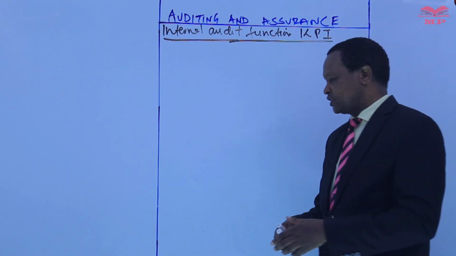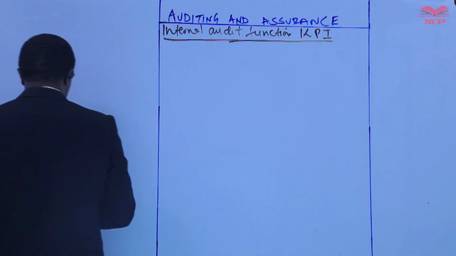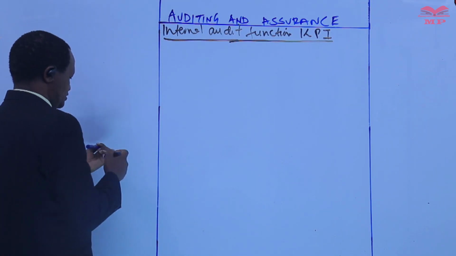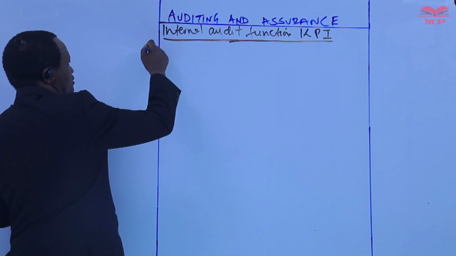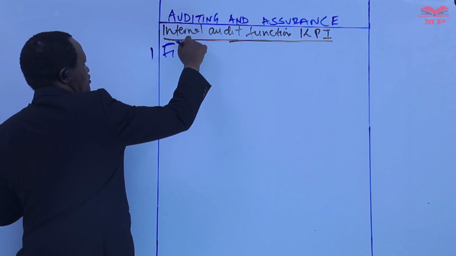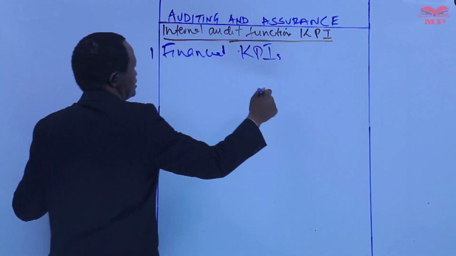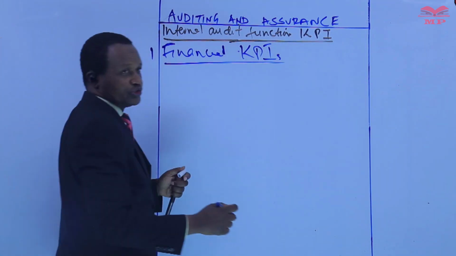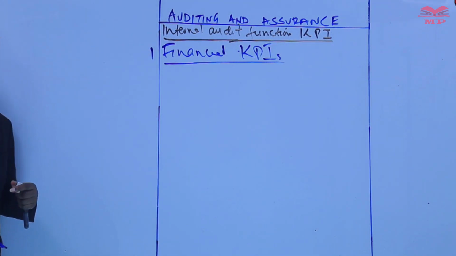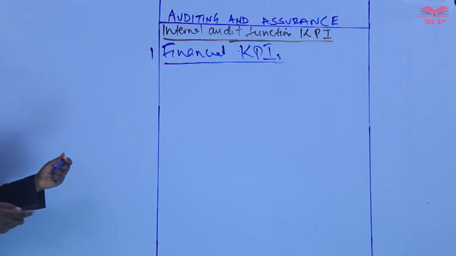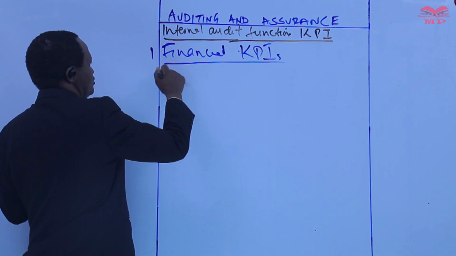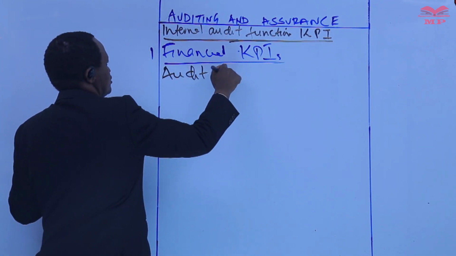So the first category is the financial key performance indicators. One example of a financial key performance indicator is the audit cost per employee.